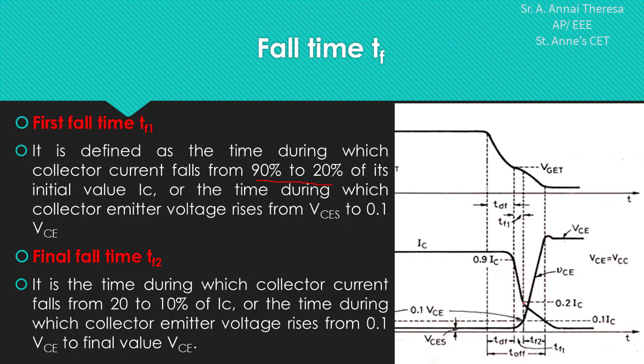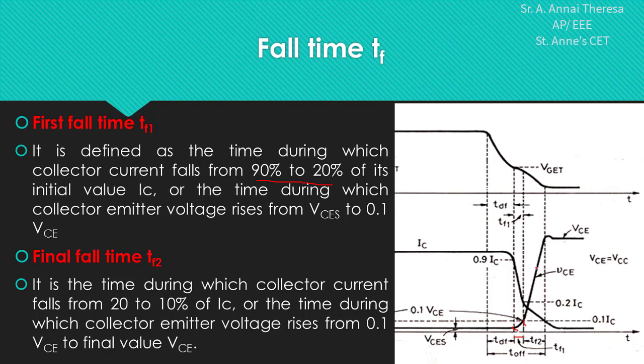Then what about the collector emitter voltage VCE? It starts increasing in this period, and it reaches 0.1 VCE. So this period is the first fall time.